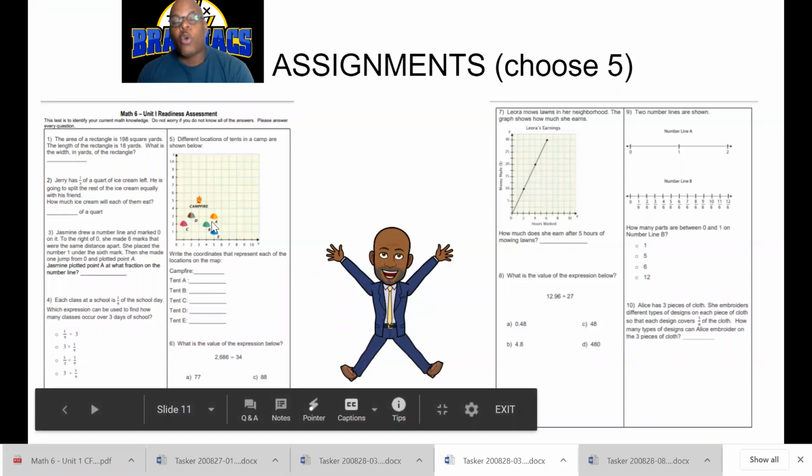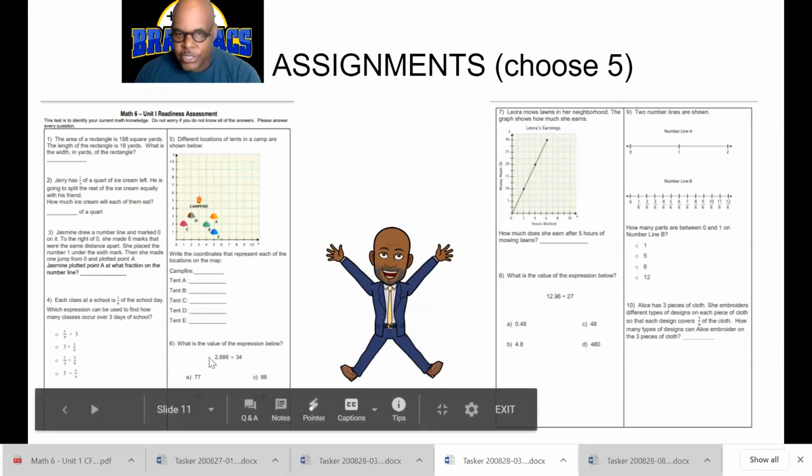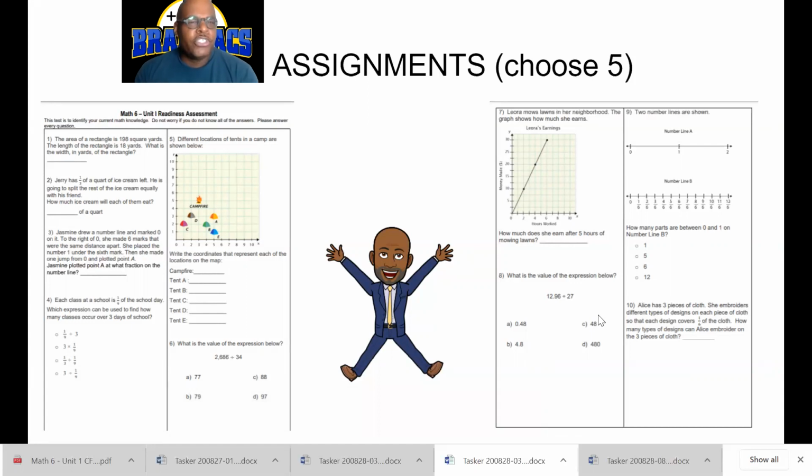You have some where you are charting coordinates on a graph or on a map. You're doing some division. So out of these 10 questions, I want you to choose 5 of them and solve them. You can either do all even, all odd, or a combination of the 2, but select 5 of the problems and solve them.